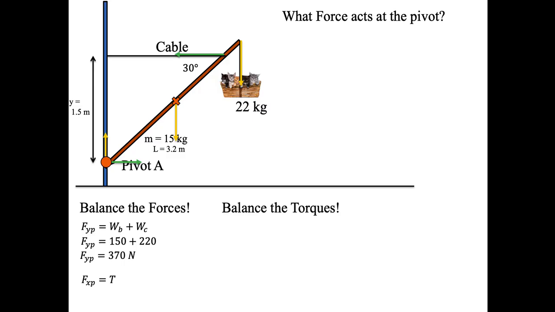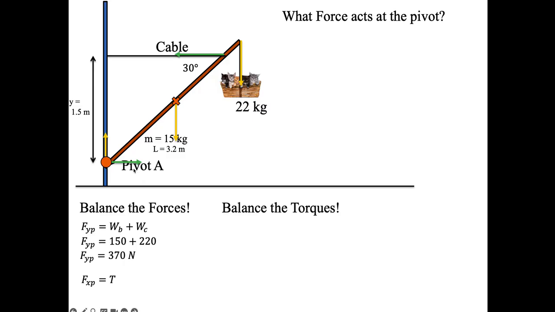And then the sine of the angle between them, like we talked about in class. And if I put the pivot right here at the pivot, then for these two forces the lever arm distance is zero, right? So with the pivot here, there's no torques.